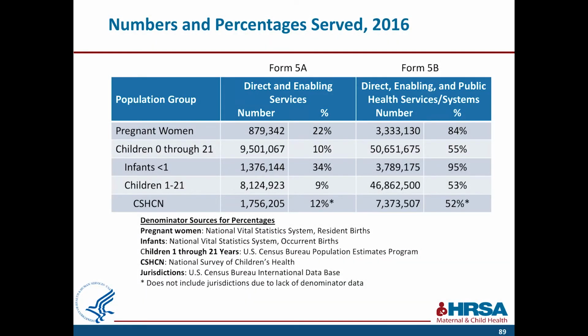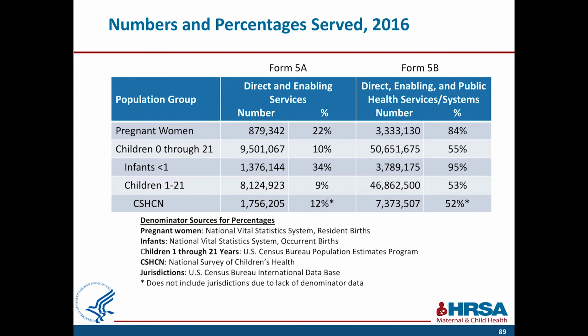So these are the 2016 numbers, and you can see Form 5A is considerably less than Form 5B. It should be if you really are doing more population-based public health services. But to me, what's really exciting is that column on the far right, and that's Form 5B.